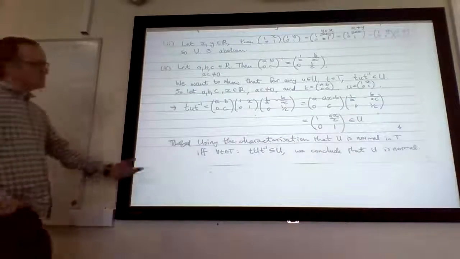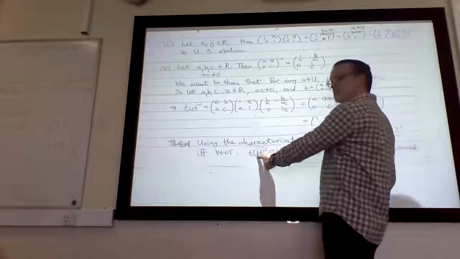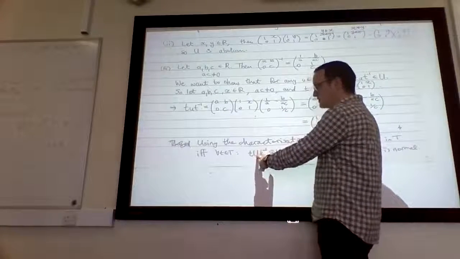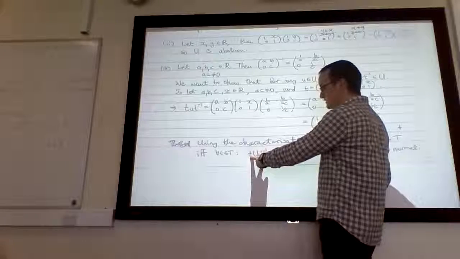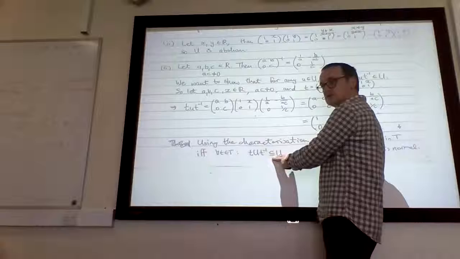Now, if you want to show this subset inclusion, you have to take a typical element from U and show that when you conjugate that element from U with T and T inverse on either side, you get another element of U. And that will show the subset relation.